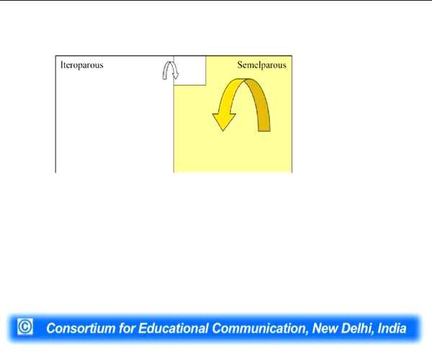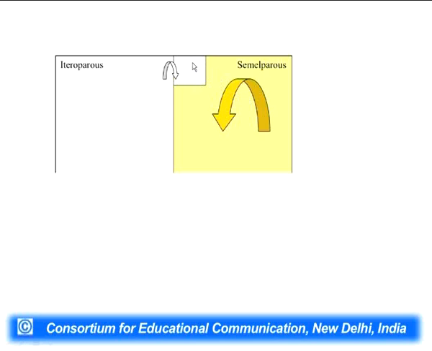Just think about an ecological niche where there is no more space left for any new plants to grow. This is the ecological space where iteroparous and semelparous plants have equally occupied. Now semelparous plants are mostly short living, so they would die, and when they die there will be space left, and only then, when there is space left, can a new plant grow.